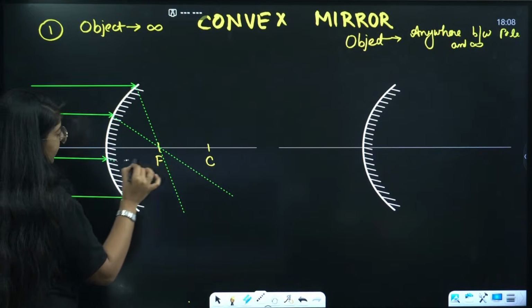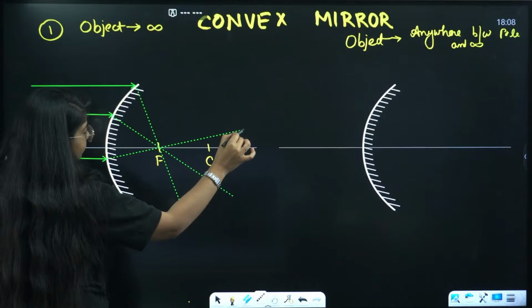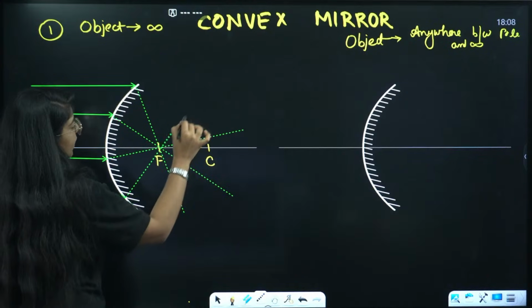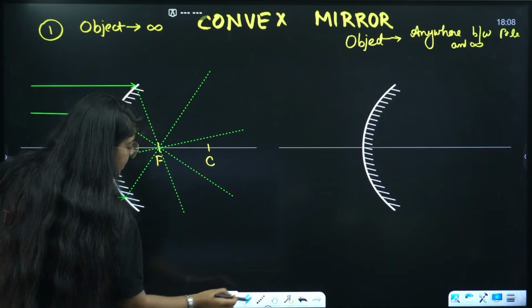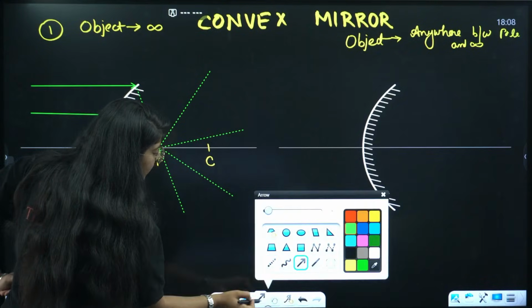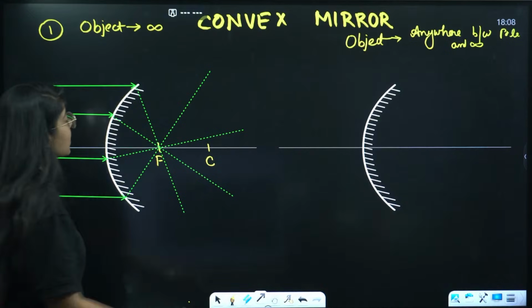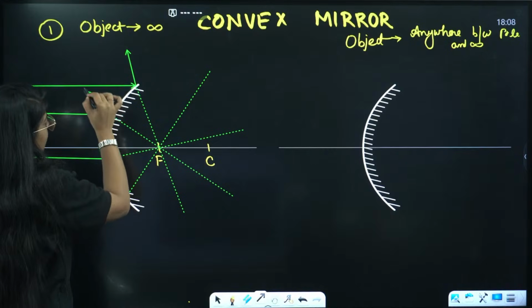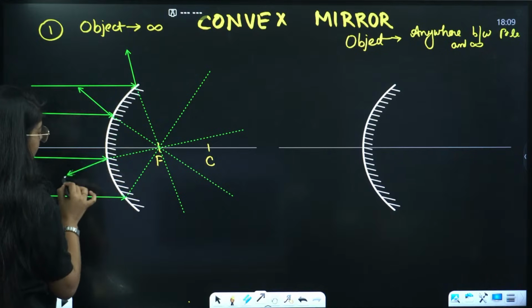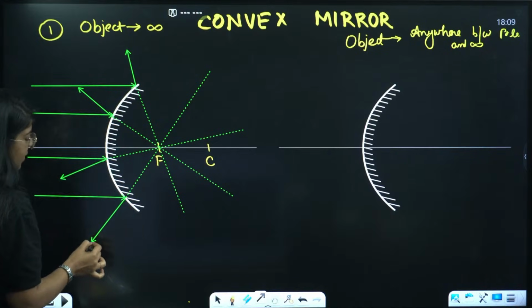How did they get reflected? Just give me a minute. Okay, look, why we made dotted lines, here is the reason. The actual rays got reflected something like this.